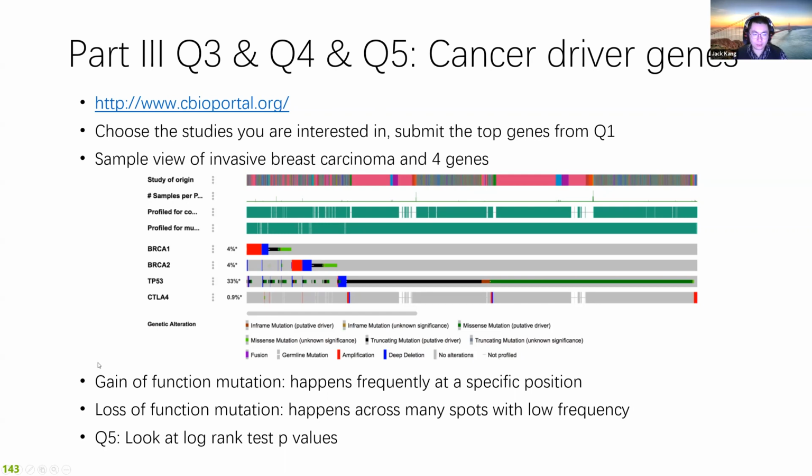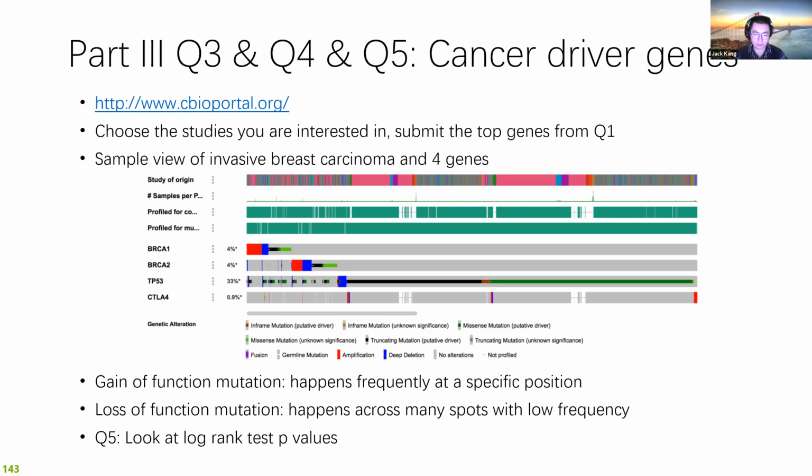A gain of function mutation is usually a single mutation that happens frequently at a very specific position, because for gain of function, you may need to change a very specific protein structure at a certain location, changing, say, a certain amino acid.